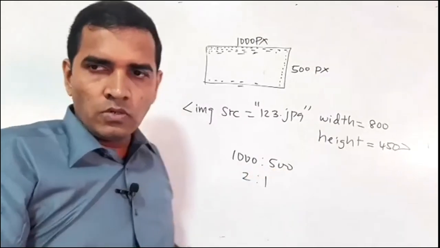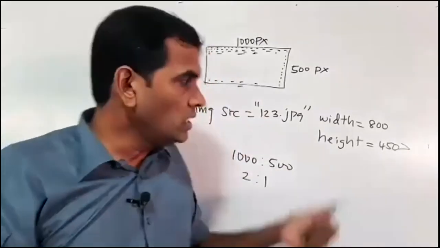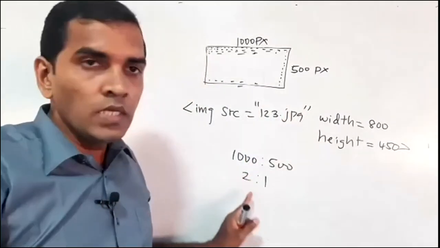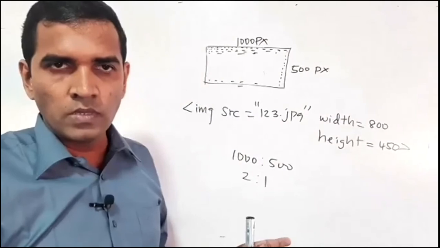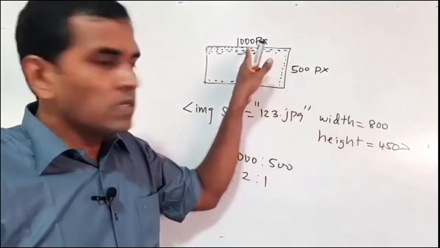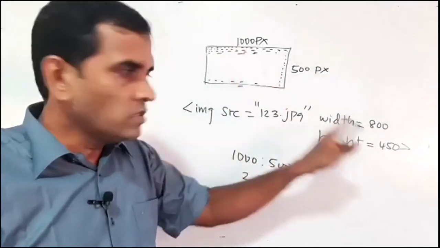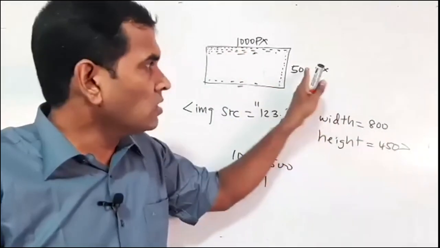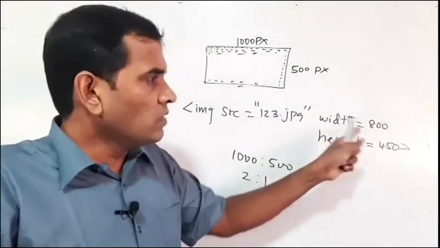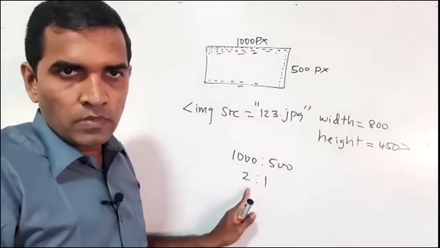So even if you want to reduce the width and the height, you must keep the ratio. Don't change the ratio. So now what happens? Look here, I have reduced the width by 200, but the height by 50. So now look at that, the ratio is not 2:1.